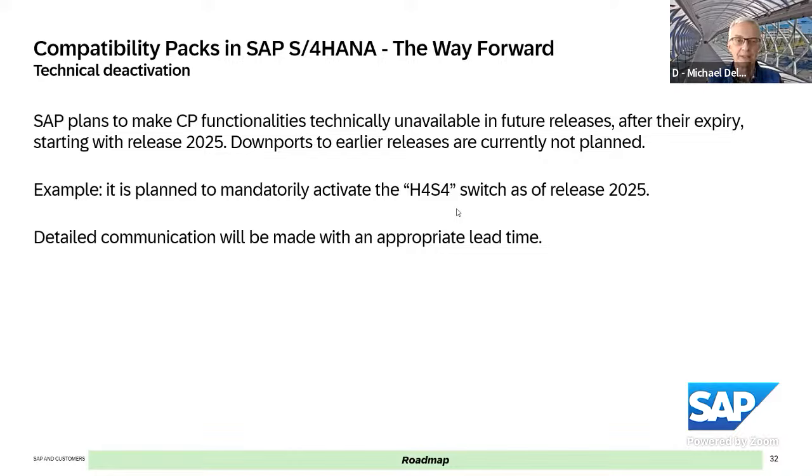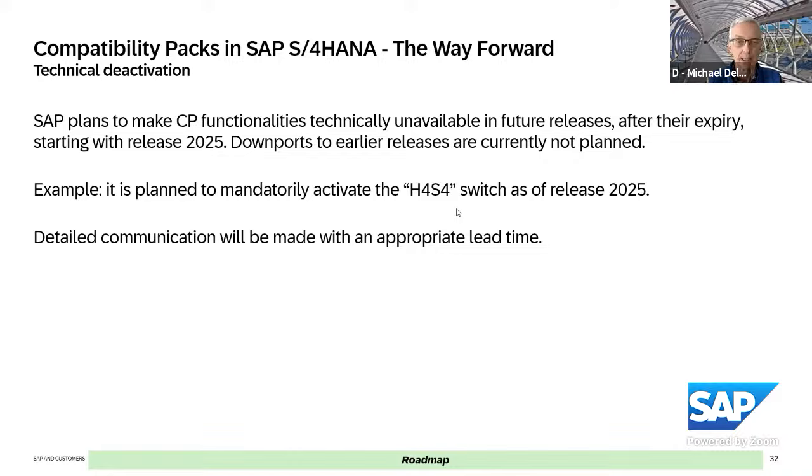SAP's plan is to start with that with release 2025, not earlier, and also not at a later point in time for earlier releases. But the plan is actually with the initial shipment of release 2025 to make expired compatibility pack functionalities technically unavailable.